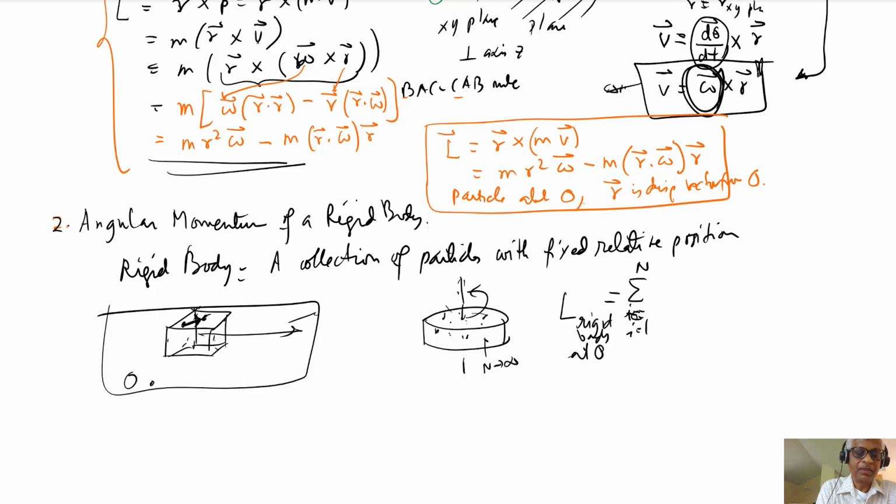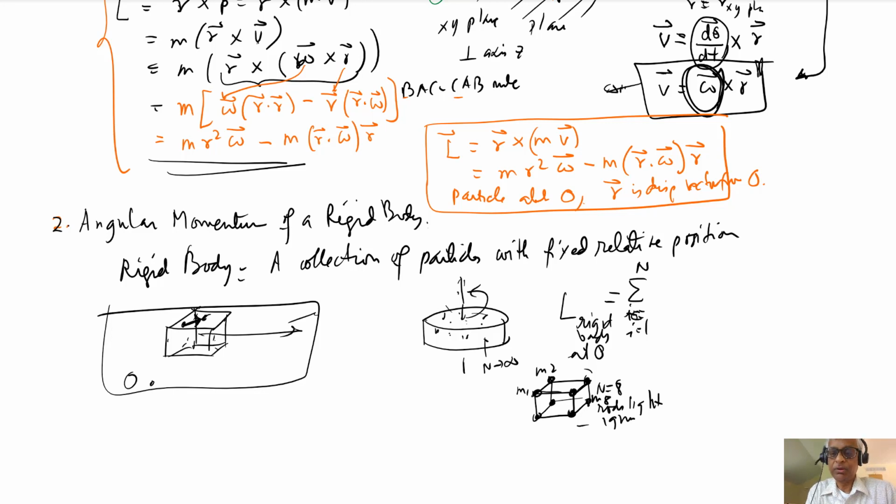Maybe you have a box where these are light rods and you can ignore their masses, and all the masses are just at the corners. So n will be 8 here, and you'll have M1, M2, up to M8.